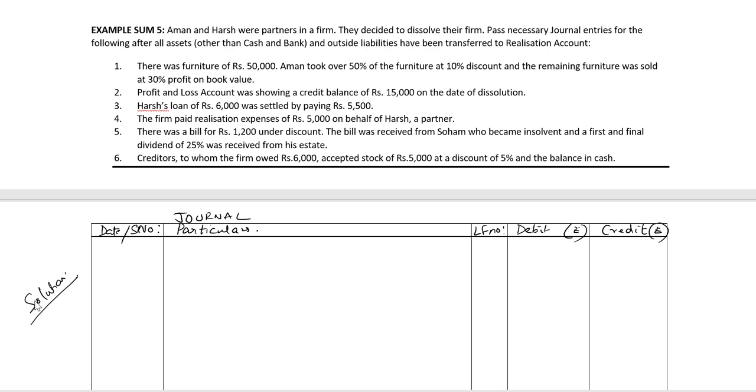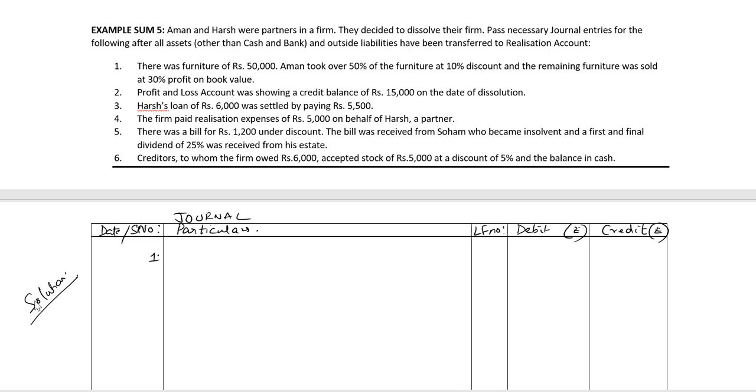Question number 1. There was a furniture of rupees 50,000. Aman took over 50% of the furniture at 10% discount, and the remaining furniture was sold at 30% profit on book value.